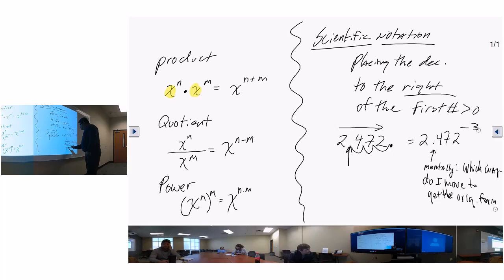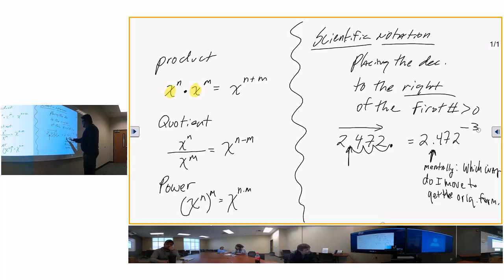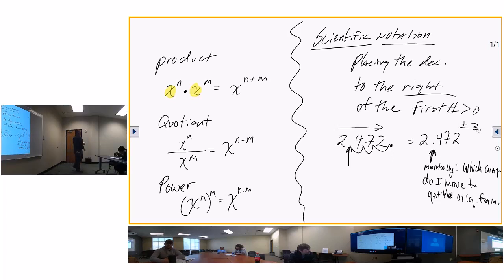Which way do I move this decimal in my head to get it back the way it was over here? To the right. To the right, and right means what? Positive.